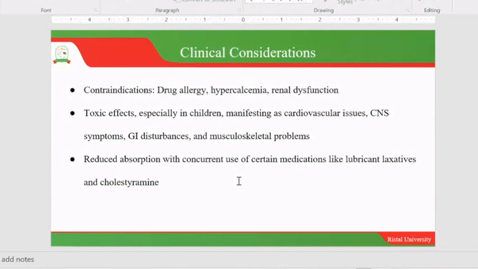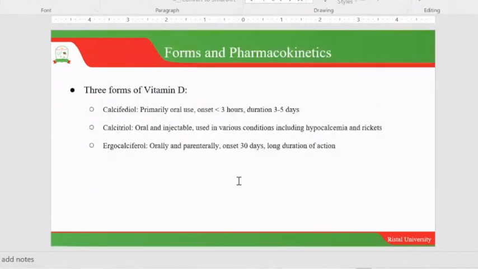And also we are looking at gastrointestinal disturbances and musculoskeletal problems. So reduced absorption with concurrent use of certain medications such as lubricant laxatives, and also the cholestyramine. Those are the considerations we need to take into account if we are going to be indicating or prescribing these vitamin D supplements to individuals. Right.